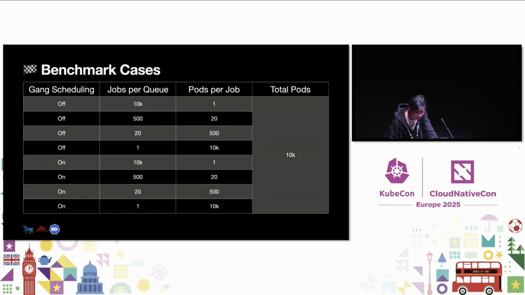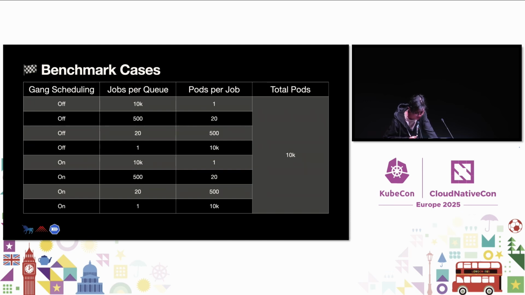At a high level, we use two categories: gang scheduling disabled and gang scheduling enabled. We try to schedule 10,000 pods in total. The variables here are the number of jobs and the number of pods per job. One extreme is only one job with 10,000 pods.